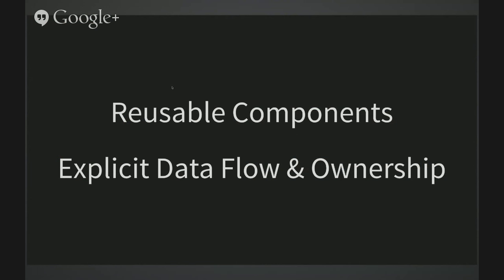So if you get a reference to this object, you cannot ask it for anything. So at this point, we had two extremely valuable properties, which were reusable components and explicit data flow and ownership. And we've been doing this on a PHP site for years, and everybody loves it.